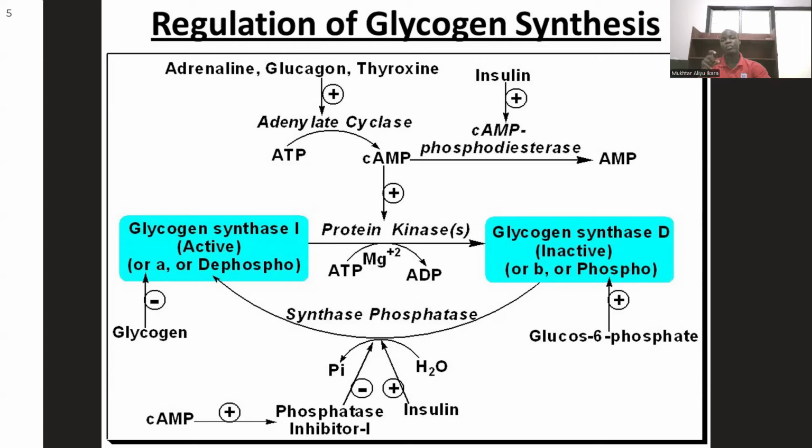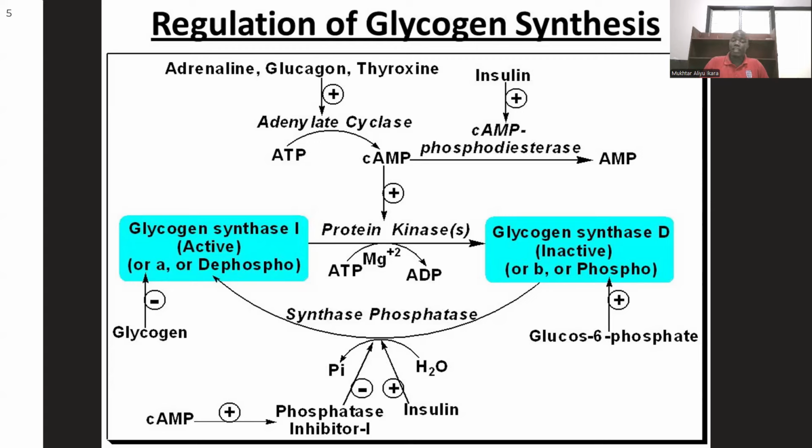In glycogen metabolism, insulin is involved in making sure that glycogen synthesis is active, so that more of the glucose from the blood will be transported to the liver or muscles for glycogen biosynthesis, and the amount of glucose will reduce.